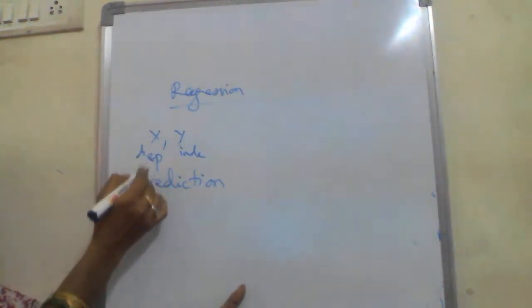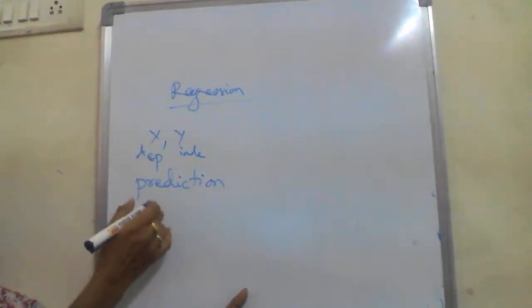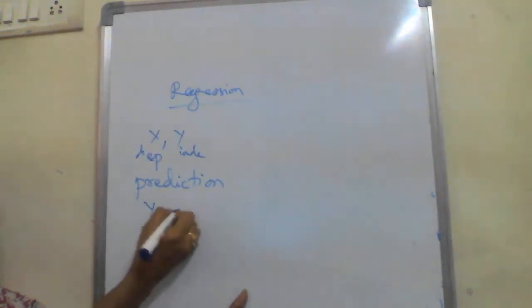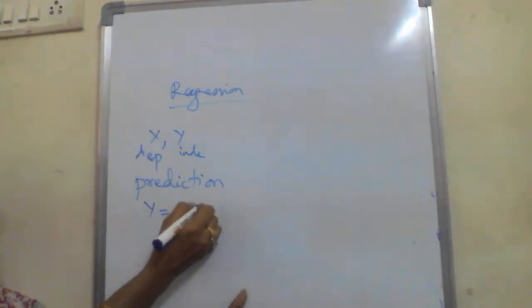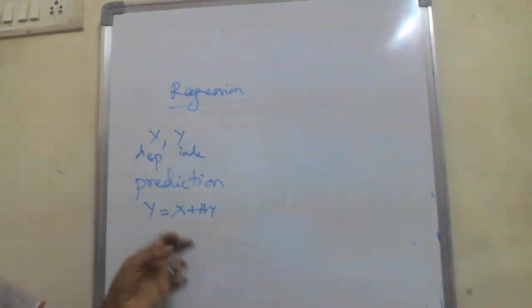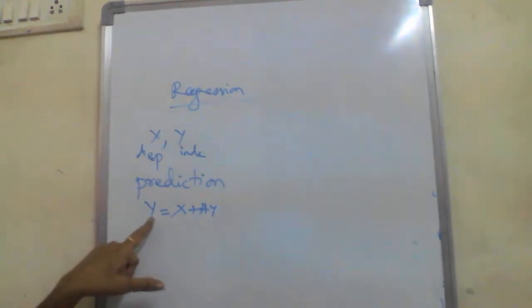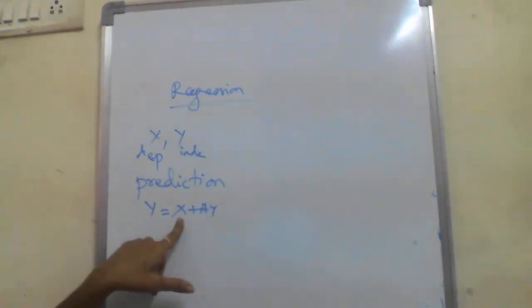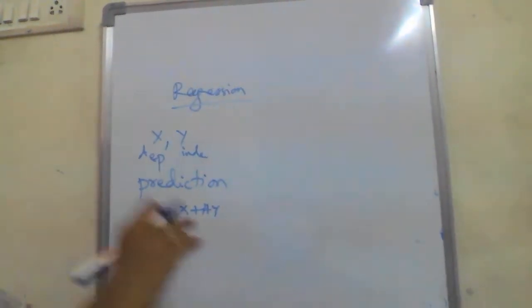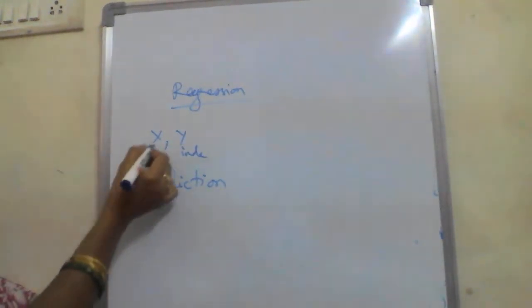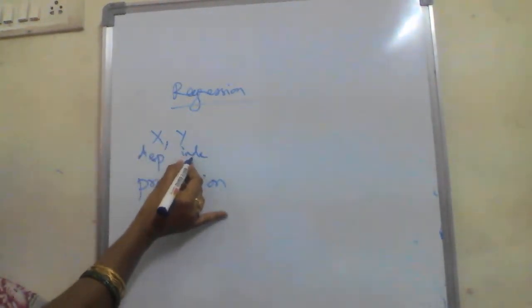Suppose with the help of y you are finding x. Then you say x is dependent and y is independent.